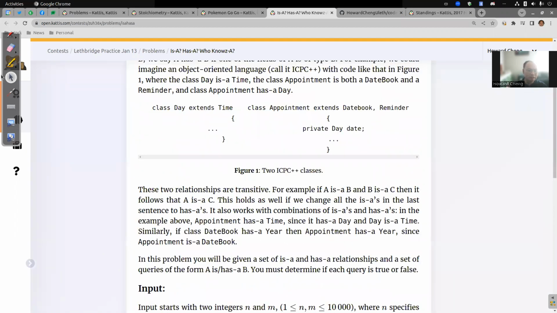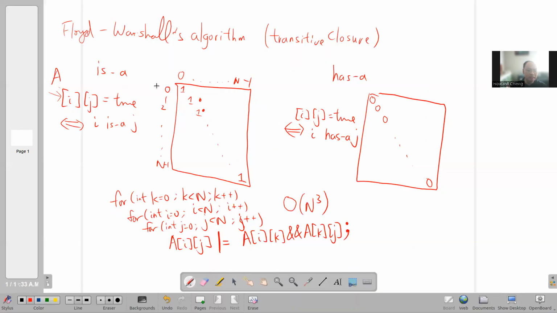So now that you know there is a has A, what happens? If they ask you whether something is a something else, then you just look up this table and see if the table says true or false. So it's a relatively simple lookup.